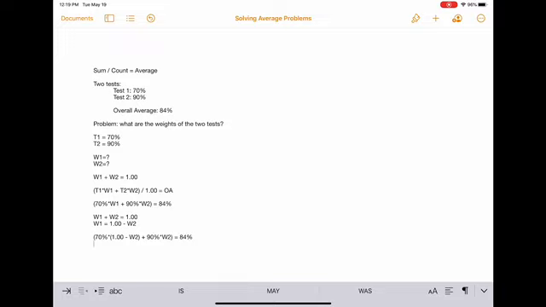But if you're willing to go through that murky, clouded part of the problem, going through a few steps without really understanding what you're doing, you can get safely to the right answer. I much prefer knowing what I'm doing and understanding how my solving the problem relates to the way averages work.